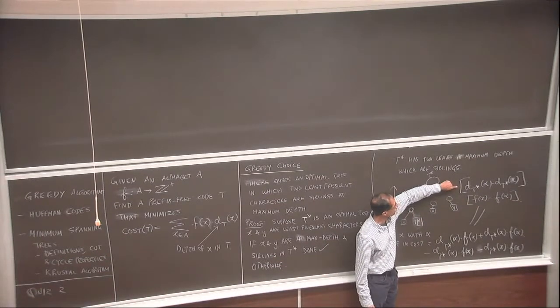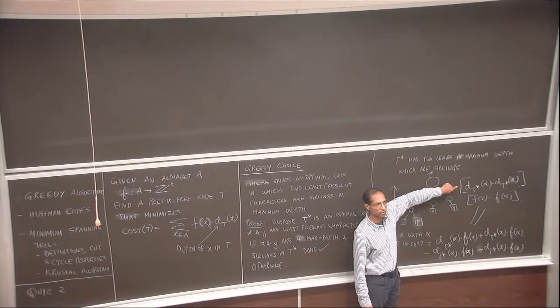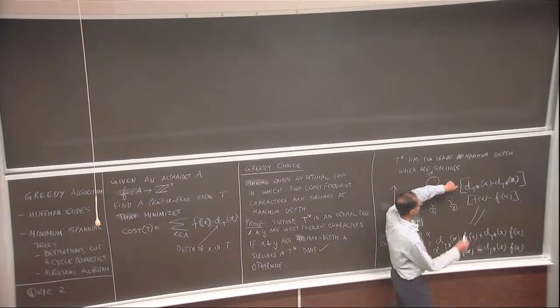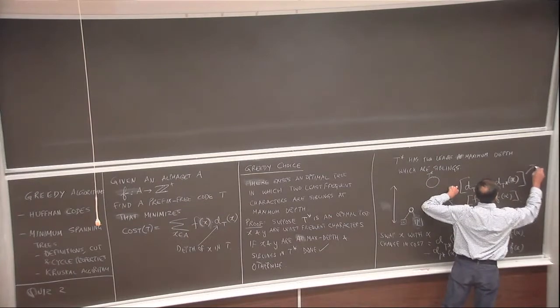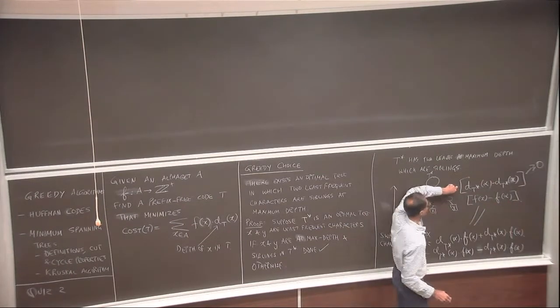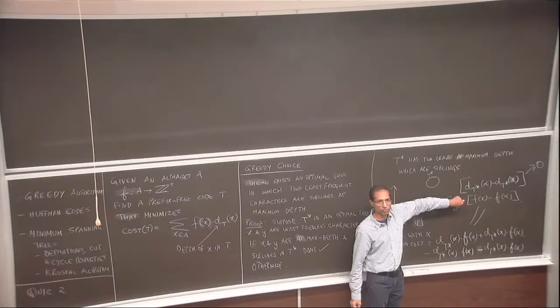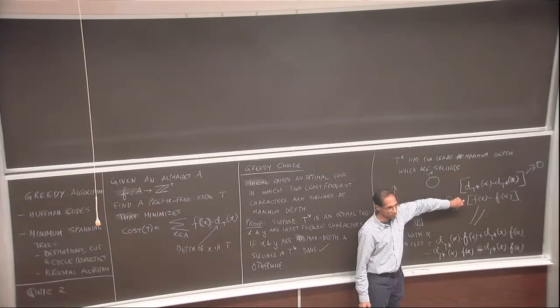Is this quantity positive or negative? d of T star of alpha compared to d of T star of X. It's always greater than or equal to 0. What about Fx minus F alpha? It's always less than or equal to 0. It may be equal to 0 if all the things have the same frequency, for example.